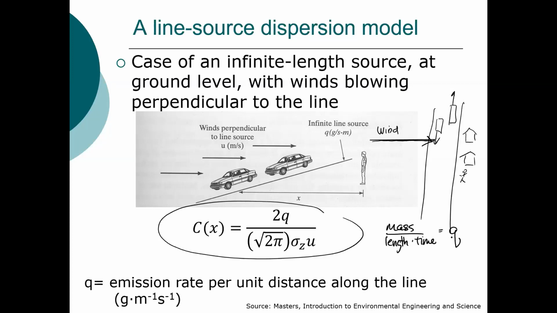So this Q here has different units than Q sub S, different units than Q. The dispersion coefficient is the same. This wind speed, we're often looking at this at ground level, so we will simply use U sub A.